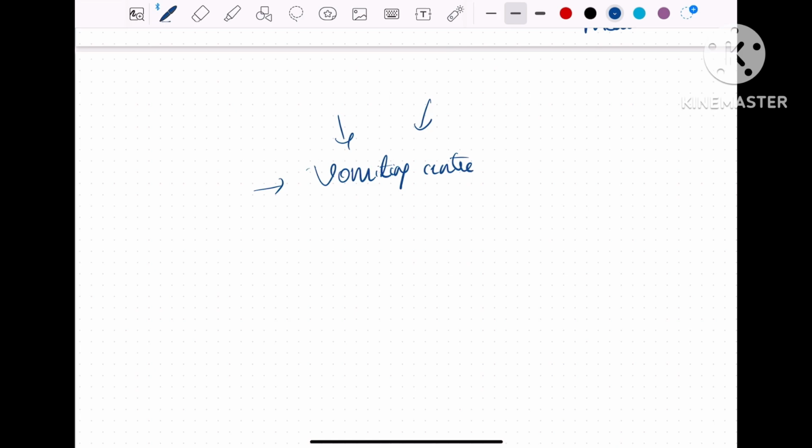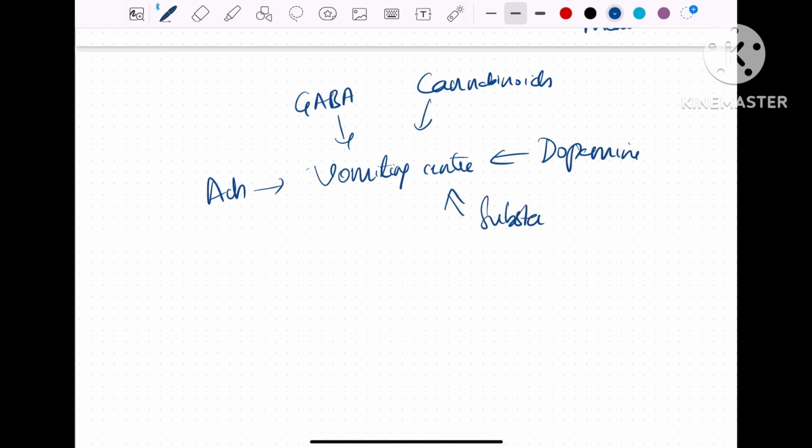The different types of neurotransmitters are acetylcholine, GABA, cannabinoids, dopamine, substance P, and serotonin. So these are the various neurotransmitters which act upon the vomiting center and trigger it.